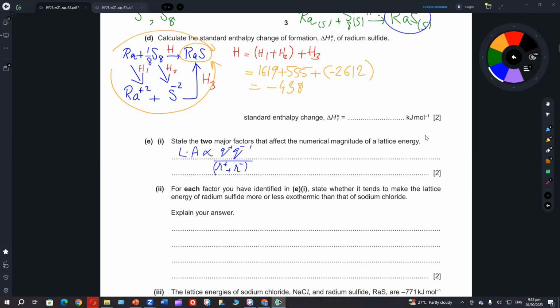So what are the two factors? Amount of charges and ionic separation. For each factor you have identified in part 1, state whether it tends to make the lattice energy of radium sulfide more or less exothermic than that of sodium chloride.